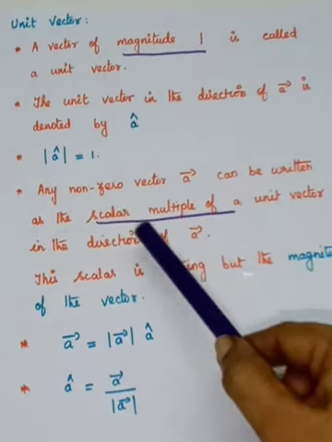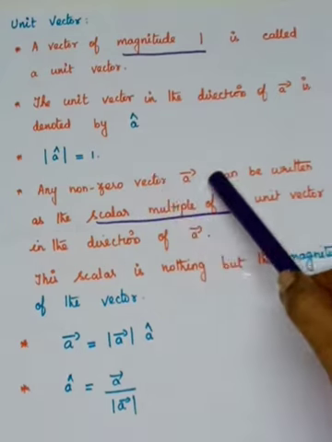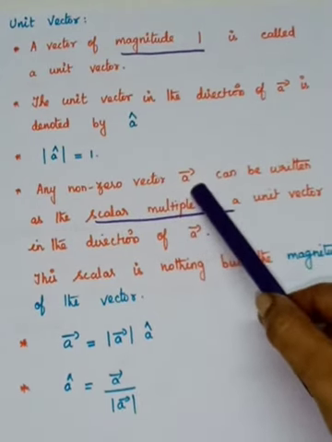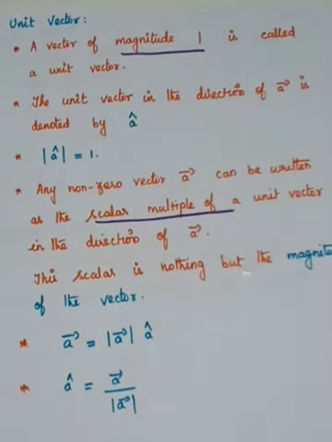This scalar is nothing but the magnitude of this vector. Scalar means some constant, and the constant is nothing but the magnitude of the vector.